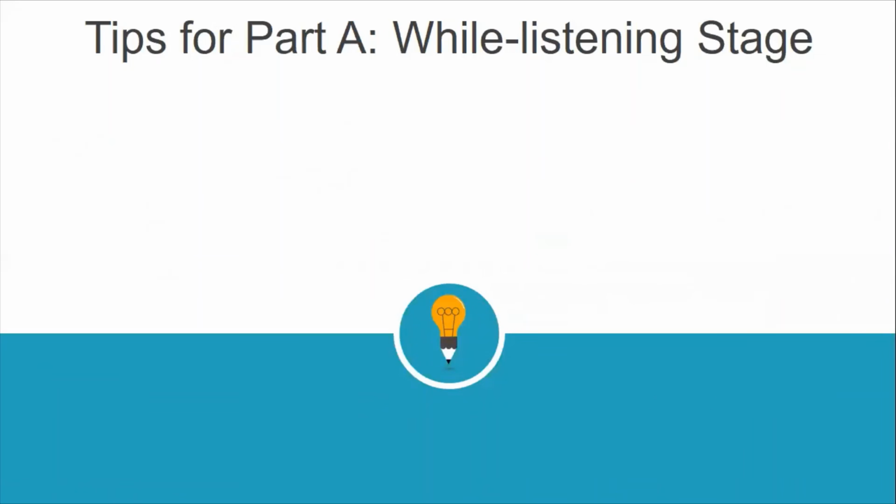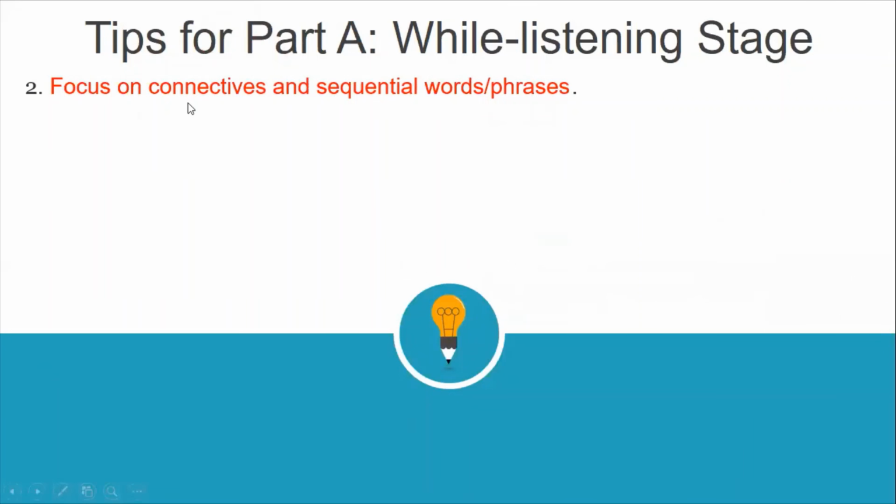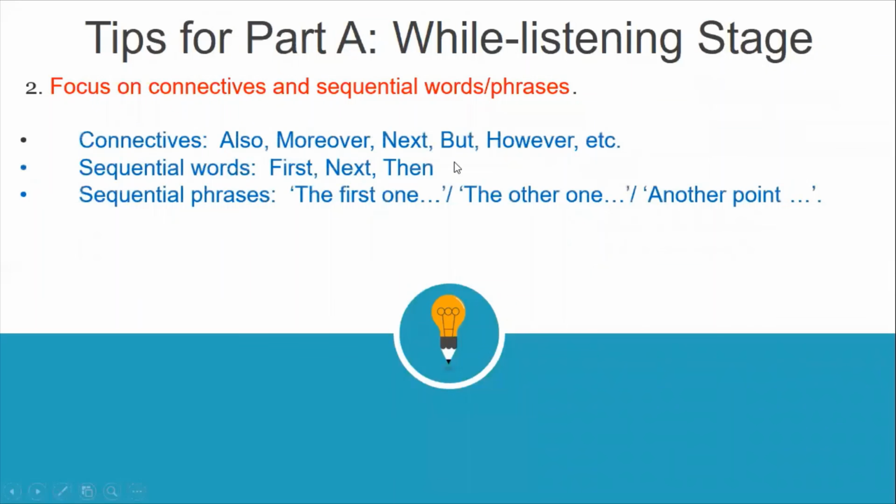Apart from listening to keywords, in the while listening stage, focus on connectives and sequential words or phrases. Connectives are also, moreover, next, but, however. If you are listening to steps or a chain of events, you are going to hear sequential words or phrases like first, next, then.